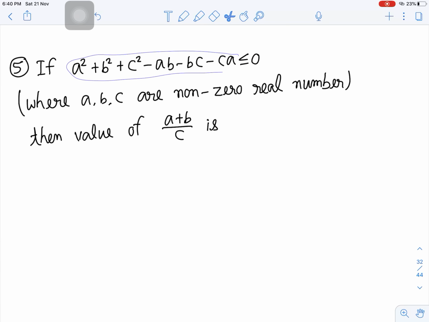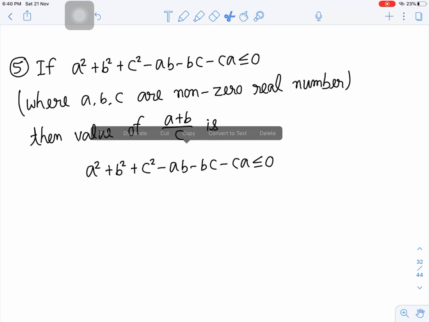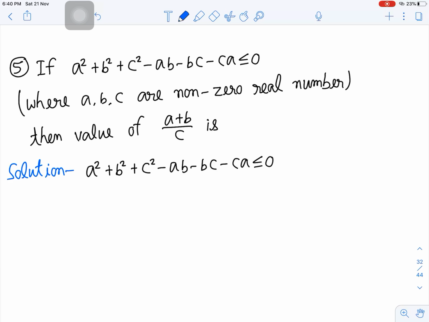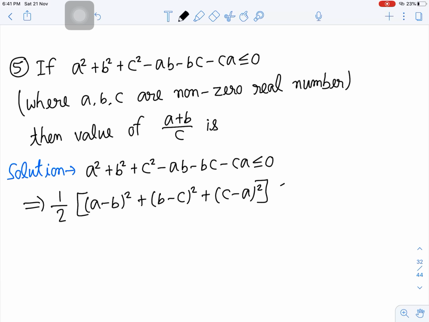So we know there is an identity for this: a square plus b square plus c square minus ab minus bc minus ca is half of (a minus b) whole square plus (b minus c) whole square plus (c minus a) whole square, less than or equal to 0.